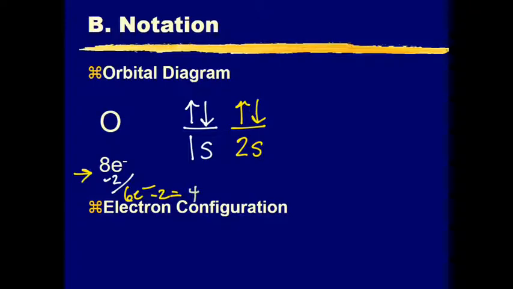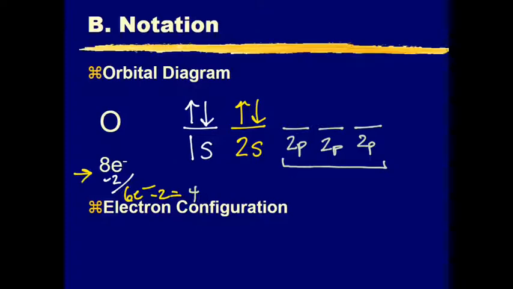After 2s, what fills up? It is 2p. The p sublevel has 3 orbitals, so you must show all 3 orbitals, represent them, label them, even if an electron does not go into each of those orbitals. But once 1 electron goes into that sublevel, you have to represent the whole sublevel.